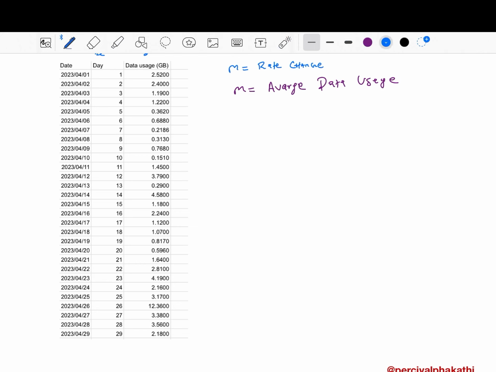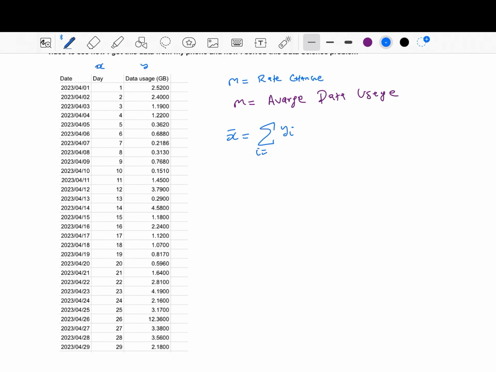An average, X bar, is equal to the sum of Y values, which in this case is data usage, from 1 to N, which is 29, so from day 1 to day 29, over the number of days, which is 29 as well. So you have 29 days.